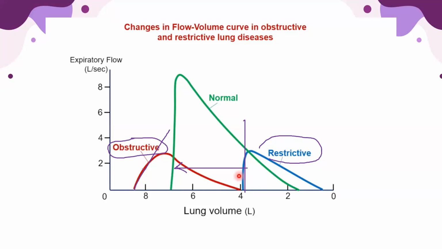They can't exhale properly, and the slope isn't even close to normal. Here, it's a bit steeper than normal because of the excess collagen deposition. More recoil force means more forceful exhalation. That's why the slope is a bit steeper for restrictive lung disease.